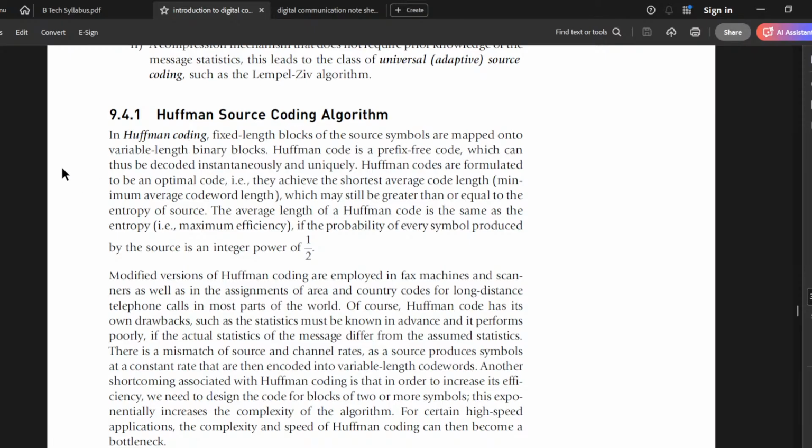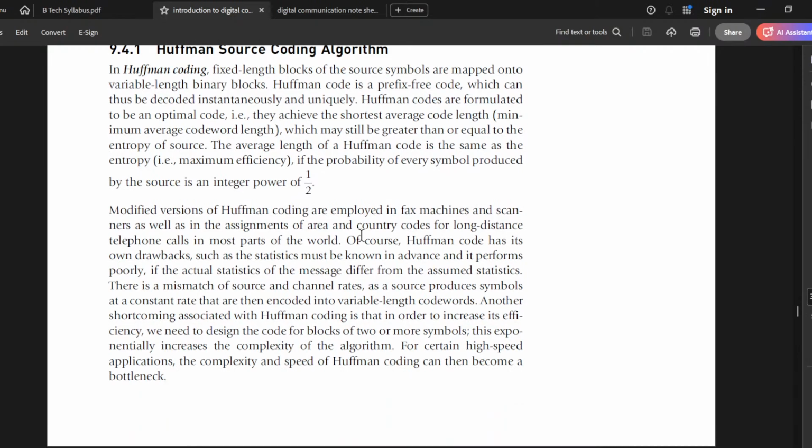Huffman is a prefix code which can be decoded instantly and uniquely. Huffman codes are formulated to be optimal codes, that is, they achieve the shortest average code length. The average length of the Huffman code is the same as entropy if the probability of every symbol from the source is an integer power of half.